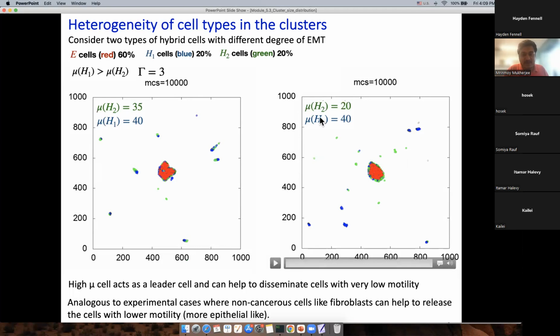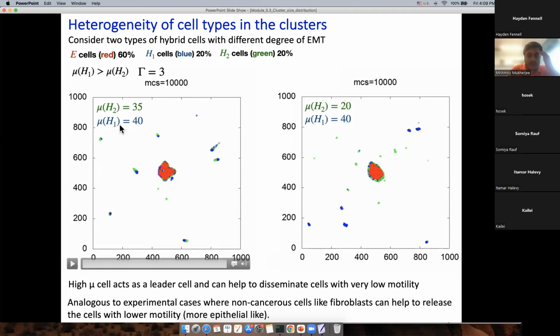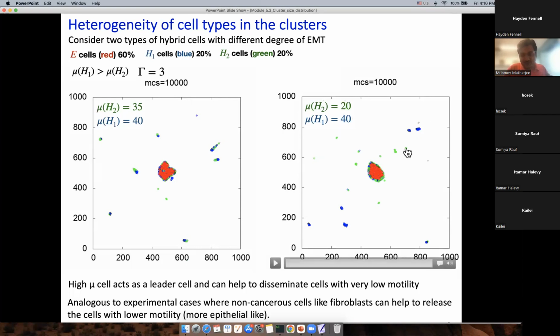That purely depends on the delta mu, how large this is. That means initially the higher mu cell, that means these blue cells, will try to release the other cell, but if the difference is higher, they will be separated. So to get more heterogeneous clusters, delta mu should be small.